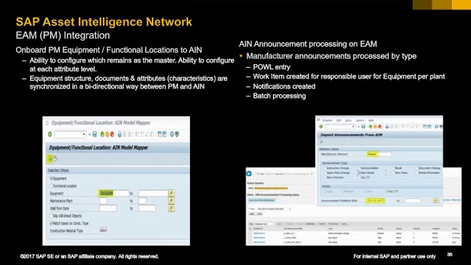Because BRF Plus is part of the SAP NetWeaver ABAP stack, all SAP applications that are based on SAP NetWeaver can access BRF Plus within the boundaries of an SAP system. So even a service bulletin that affects 100 pieces of equipment, in the end, service notifications will automatically be created and carried out in the normal way.